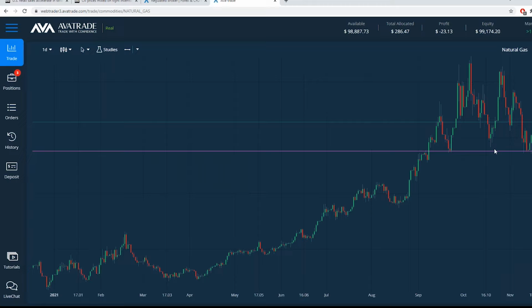So if you're looking at a bigger picture move on natural gas and you anticipate increased demand coming, economies are doing well, etc., then you could look at this as a longer term move on the one-day candles and say, okay, if I get my stop loss below the support level here, the distance to my stop loss with the technical analysis is less than my potential profit to the resistance level up here.